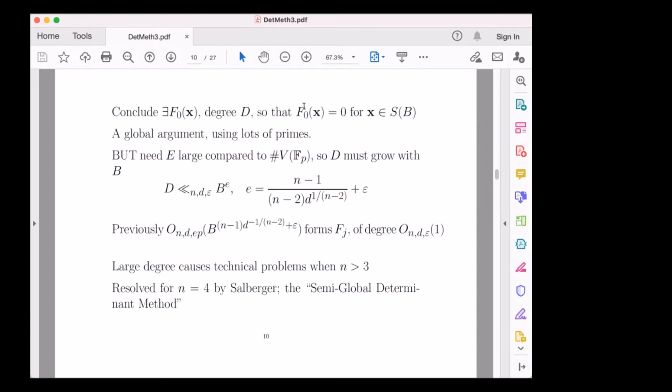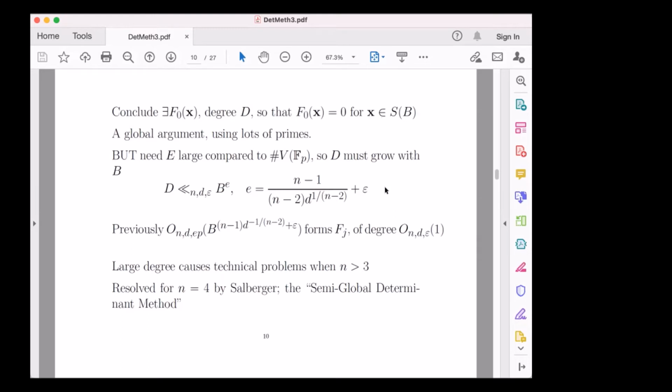And that means that the degree of this form F0, capital D, must grow with respect to B. And in fact, the constraint you get is that you take D to be up to size B to the E, where E is this quantity. So capital D will be a positive power of B. So we construct a single auxiliary form of large degree that covers all the points we're interested in.